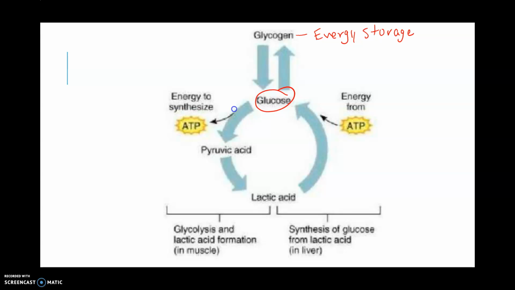If we have that lactic acid, we're going to see that breakdown, the oxygen debt, but we're also going to see that we need energy to come into this cycle as well to be able to break that down. Either way, energy is needed for both aerobic and anaerobic respiration, but when we go into aerobic respiration, we're able to get more out of it than we would with anaerobic respiration.